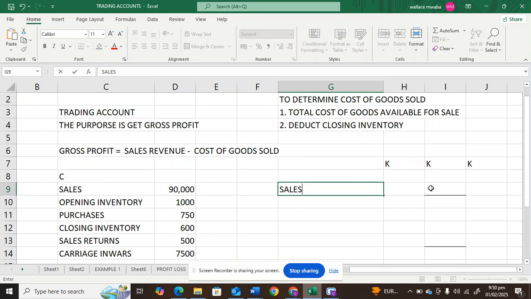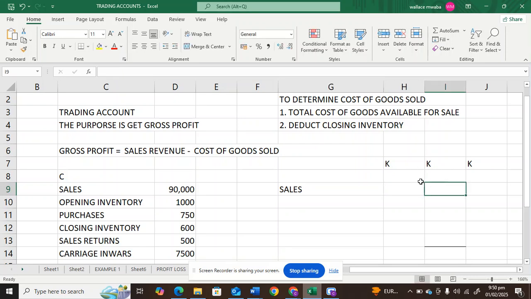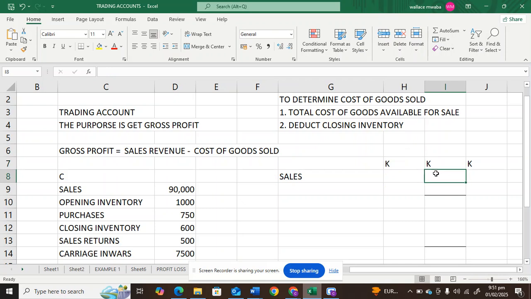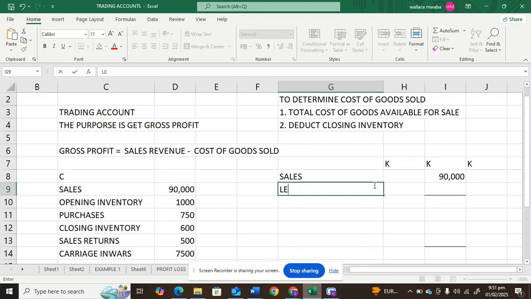So we record it here as 90,000. The next item we need to record is the sales returns, because we made 90,000 in terms of sales, but customers brought back goods worth 500 kwacha. So we need to deduct that because we had to refund our customers.